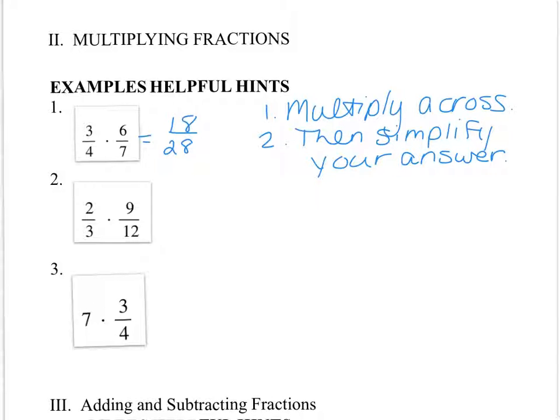Let's see, what else goes into 18? 3. Oh wait, maybe it is 2. So let's divide by 2. So I get 9 over 14. And that's my answer simplified.